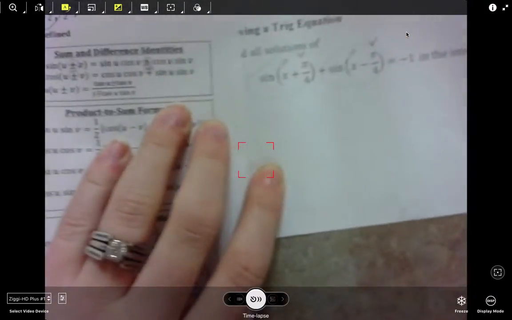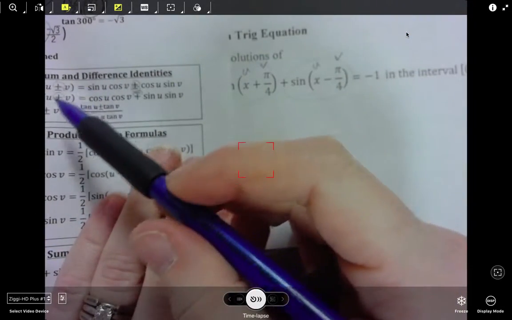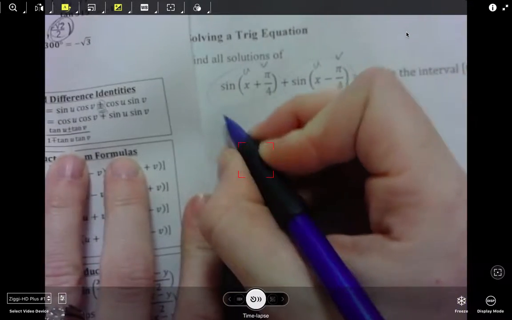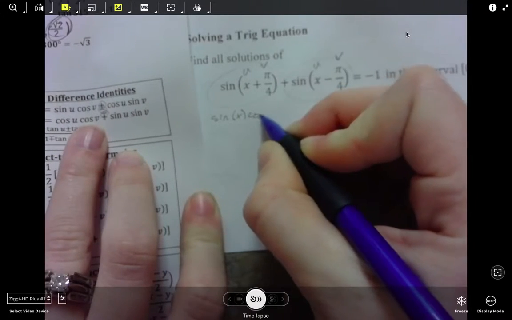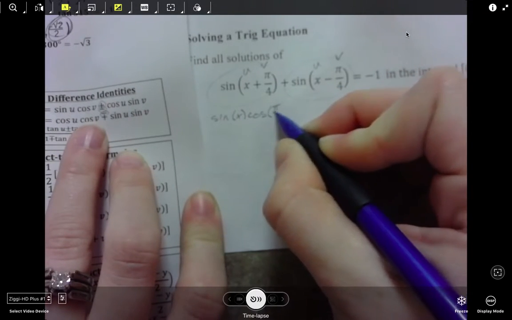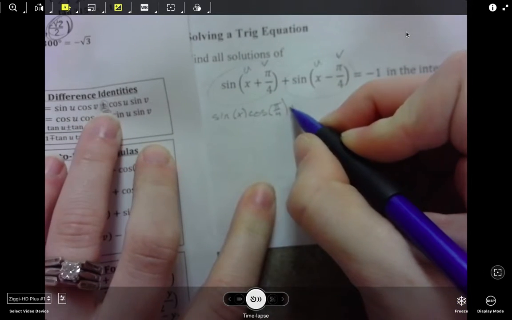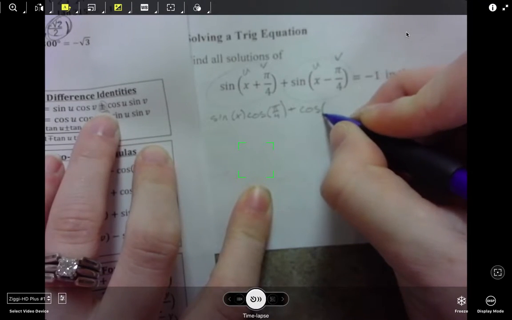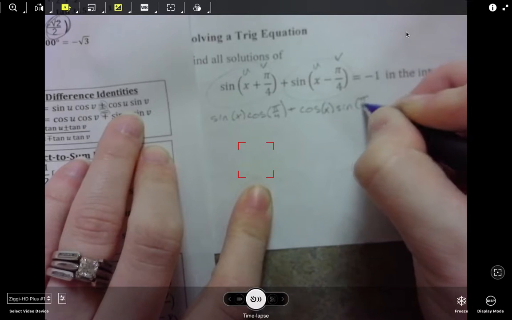Sine of u plus v is sine of u, and u is x, cosine of v, and v is pi over 4, plus cosine of x sine of pi over 4.